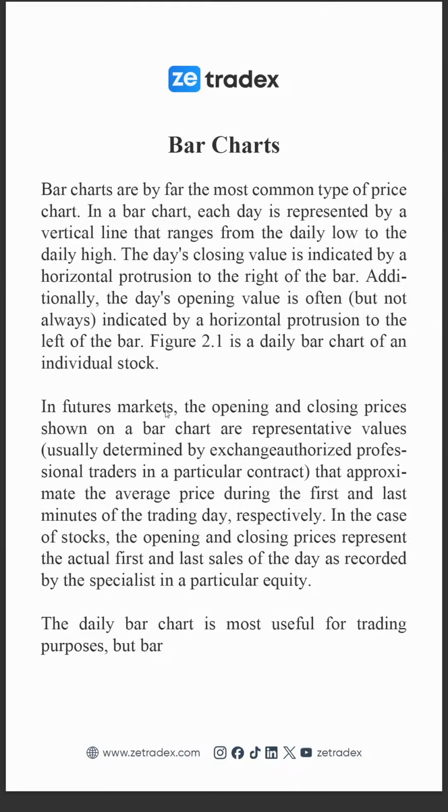Figure 2.1 is a daily bar chart of an individual stock, and in futures markets, the opening and closing prices shown on the bar chart represent values which are usually determined by exchange authorized professional traders, and these approximate the average price during the first and the last minutes of the trading day.